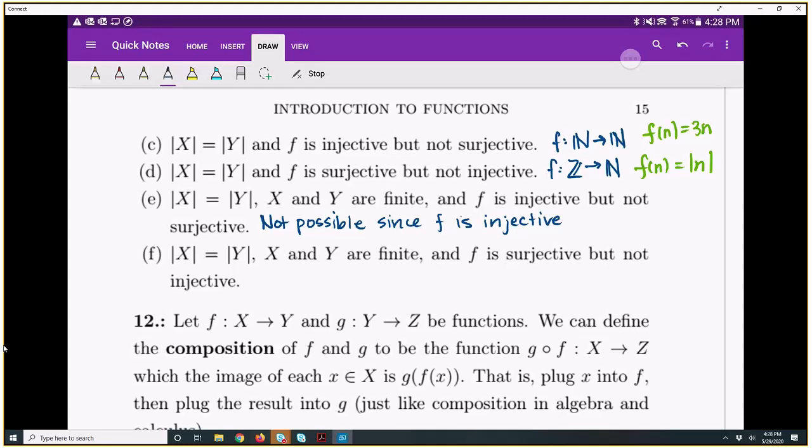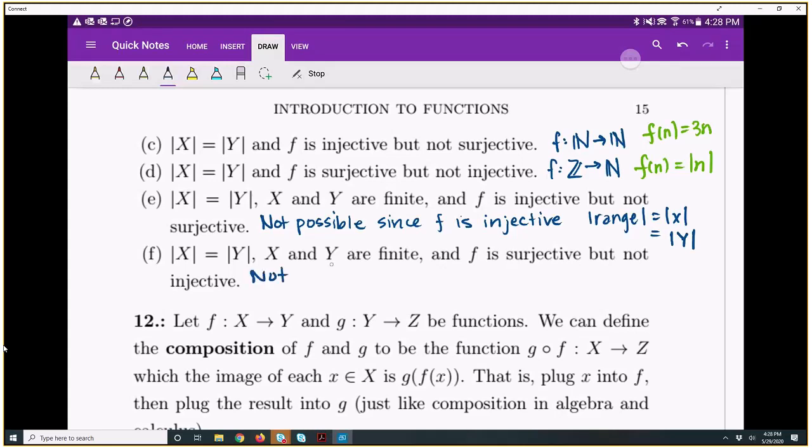So the range of f will have the same cardinality as the domain. But the domain has the same cardinality as the codomain by assumption. So the range and the codomain are equal. So it's surjective.